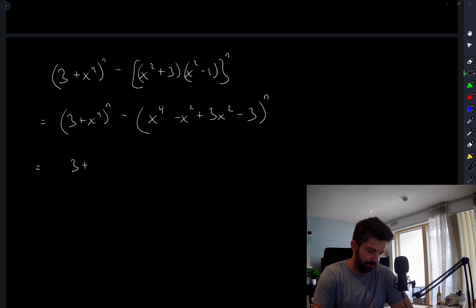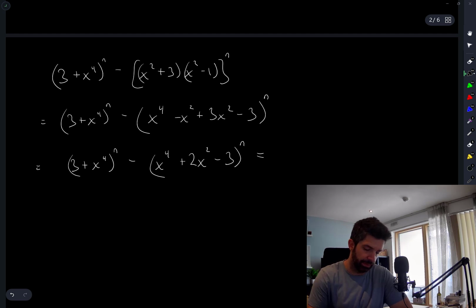So I have 3 plus x to the 4 minus x to the 4 plus 2x squared minus 3, to the n. No, that's not equal to 0. I mean, we need this to be equal to something times x squared plus 1.